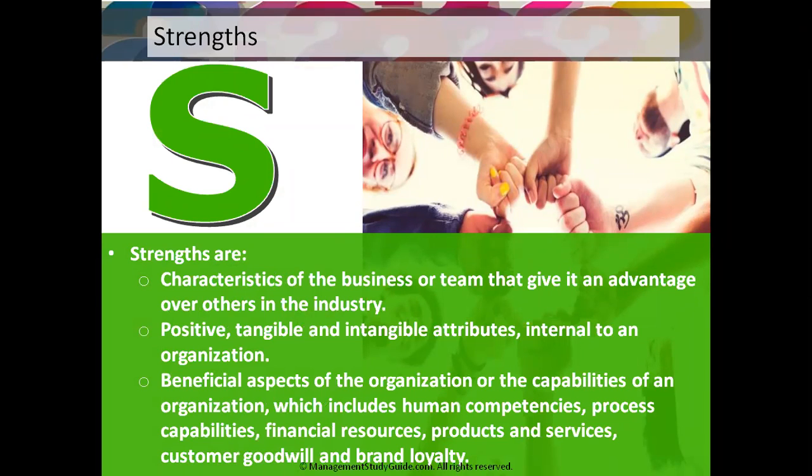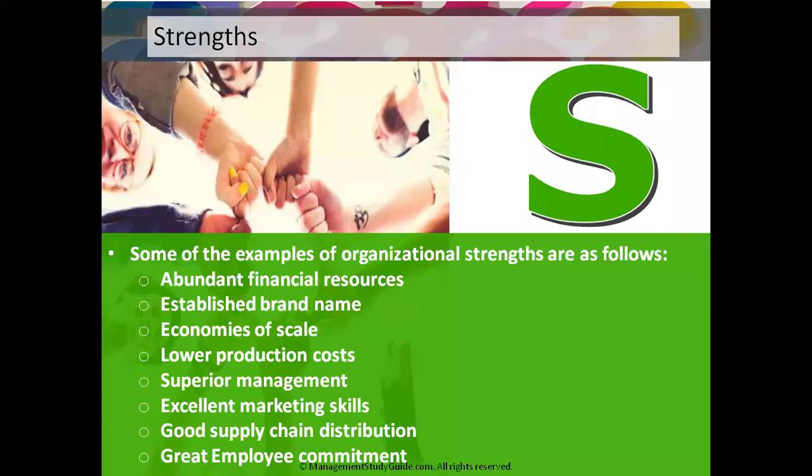Positive, tangible, and intangible attributes internal to the organization, beneficial aspects or capabilities of an organization, which include human competencies, process capabilities, financial resources, products and services, customer goodwill, and brand loyalty. Some examples of organizational strengths are abundant financial resources, established brand name, economies of scale, lower production costs, superior management, excellent marketing skills, good supply chain distribution, and great employee commitment.